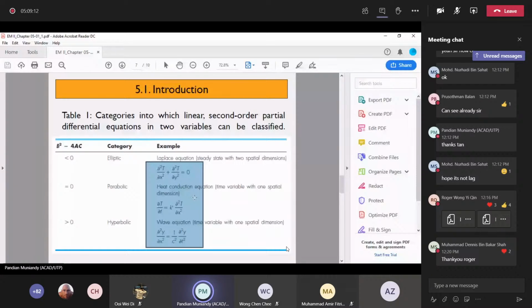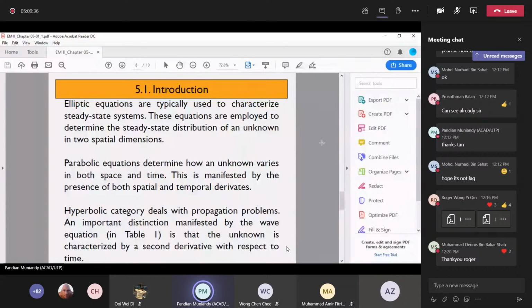Okay, so now we move on to the explanation of elliptic, parabolic, and hyperbolic. The next slide, yeah, slide number 8. So what is this elliptic equation for you, for engineers? Elliptic equations, B squared minus 4AC less than 0, are typically used to characterize steady state systems. This is another application, steady state system.